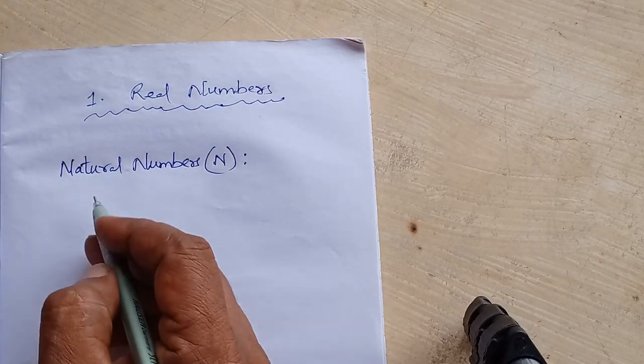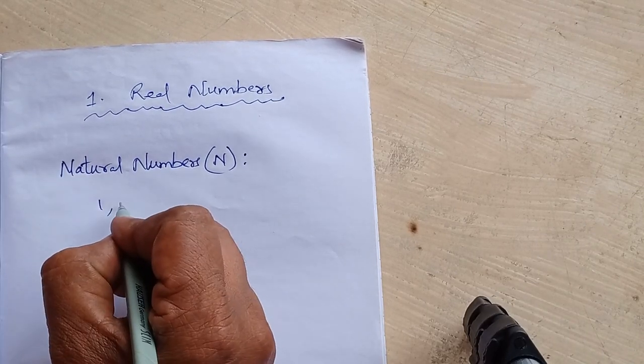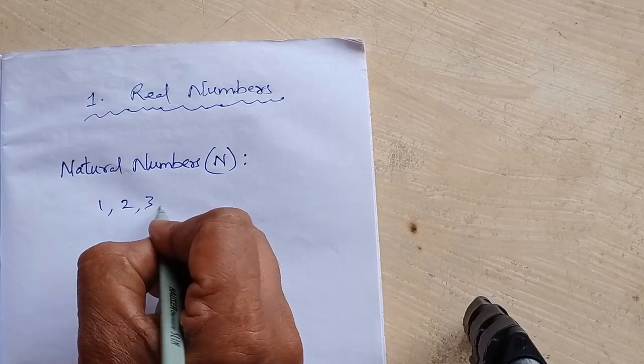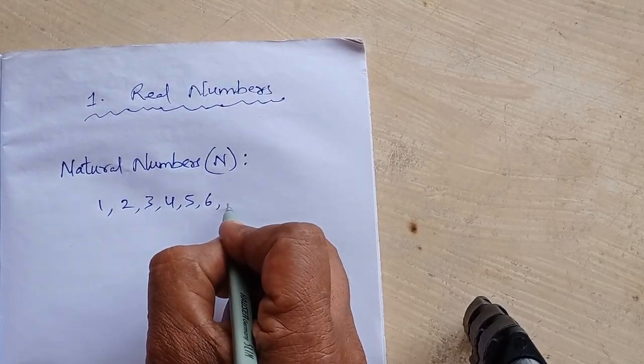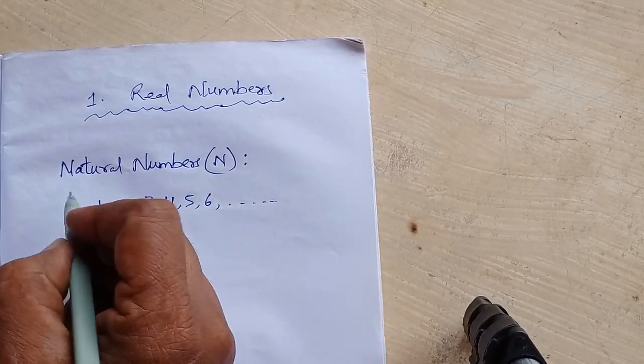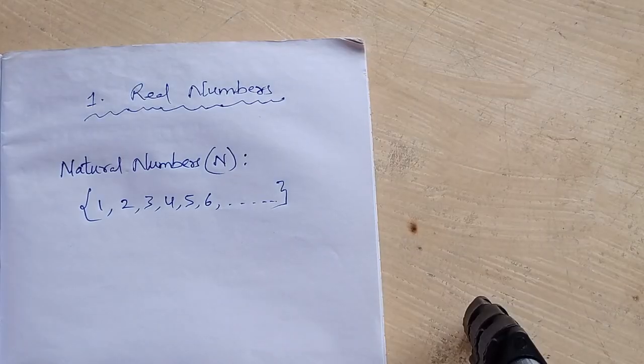Therefore, natural numbers are nothing but counting numbers which start from 1, 2, 3, 4, 5, 6, like this, up to where? Which is the greatest number? There is nothing like a greatest number. Whatever number you think is the greatest, when you add 1 to that number, you will get a greater number than that. So there is nothing like a greatest number.